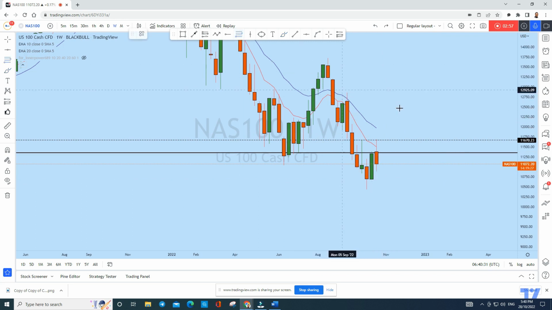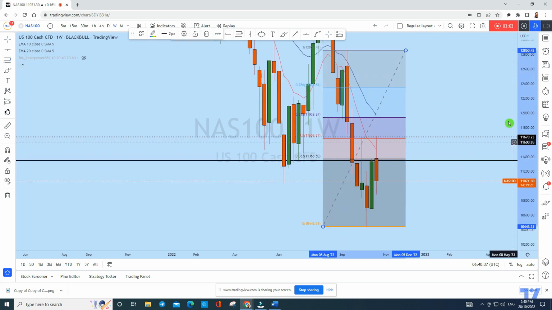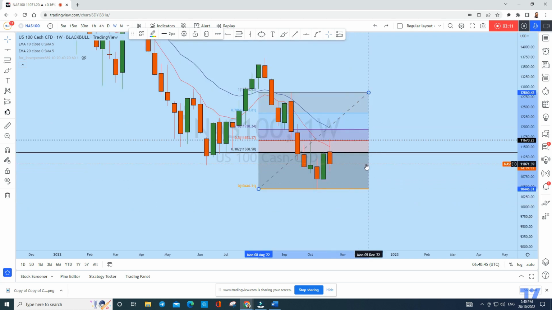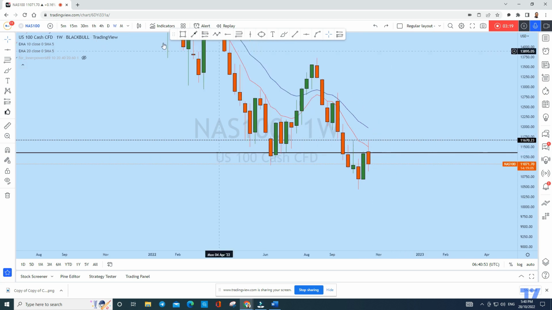If we take our Fibonacci on the weekly for this impulse to the downside, the price retraced to the 50% Fibonacci level, which is now rejecting and closing back below the 38.2 Fibonacci level. So on the Fibonacci retracement perspective, we have a strong confluence for dropping NAS100.